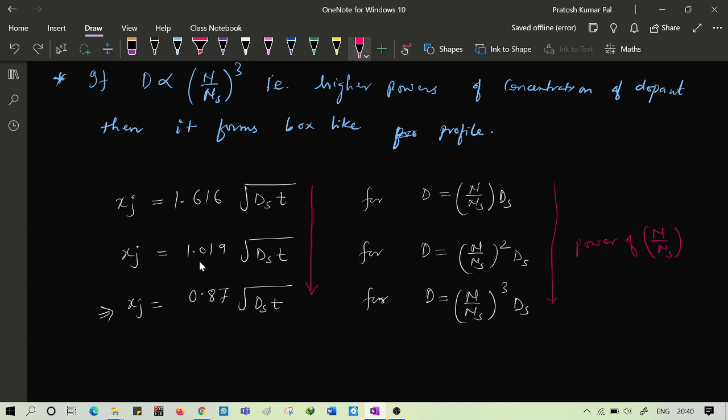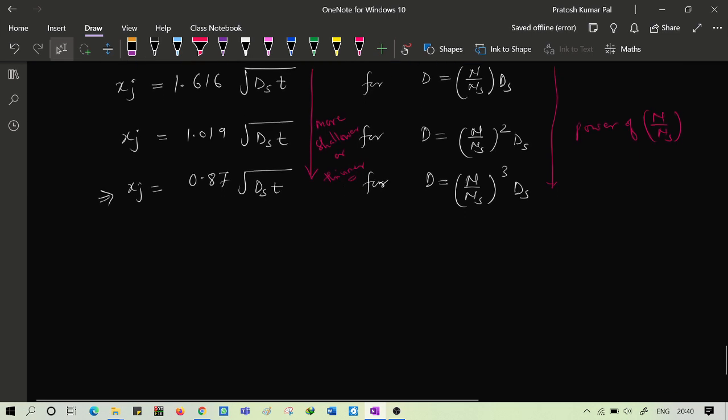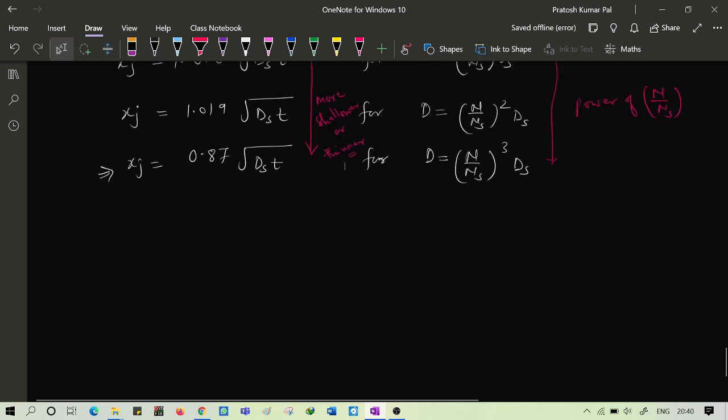If it is going downward we can write it is more shallower or thinner. So the junction depth will be thin, that will be shallow in nature. Okay, so this is with respect to the power of diffusion coefficient, that has a relation with the power of dopant concentration.